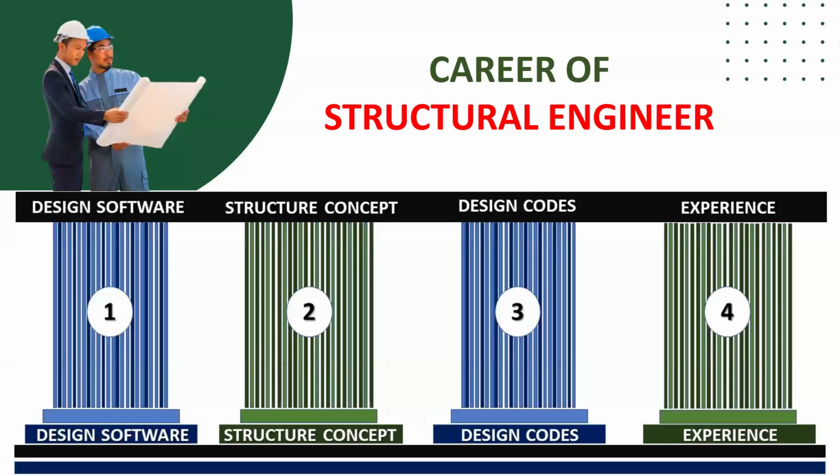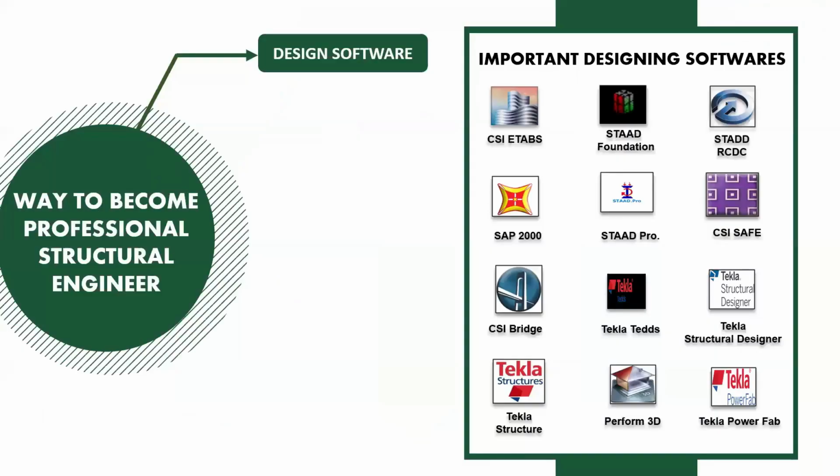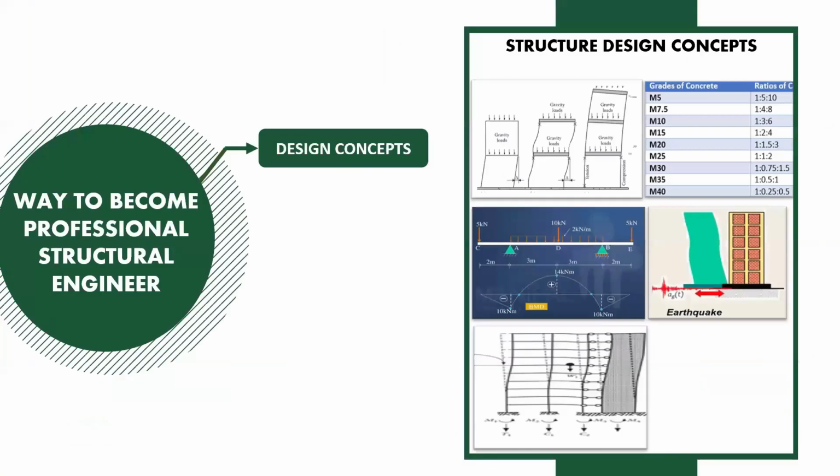Now the second demand, and the second important thing that will make you a professional structural engineer, is having the concept of structural response, the concept of structural design. What are the different types of beams, what are the different types of columns, what are the different types of loads, gravity loads, lateral loads, what are the different grades, and in which situation what grade of concrete we have to use. If I'm going to design a G+2 building, what grade of concrete should I choose?